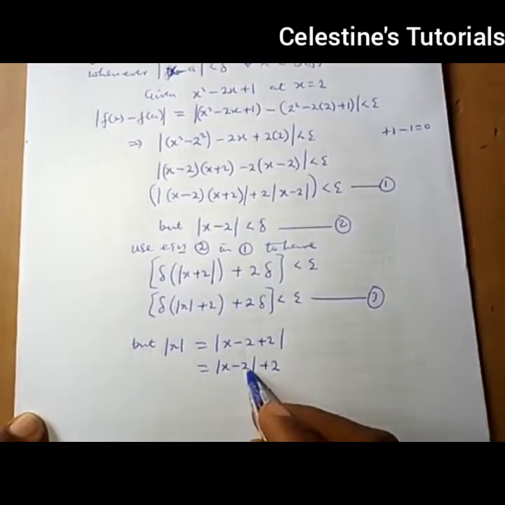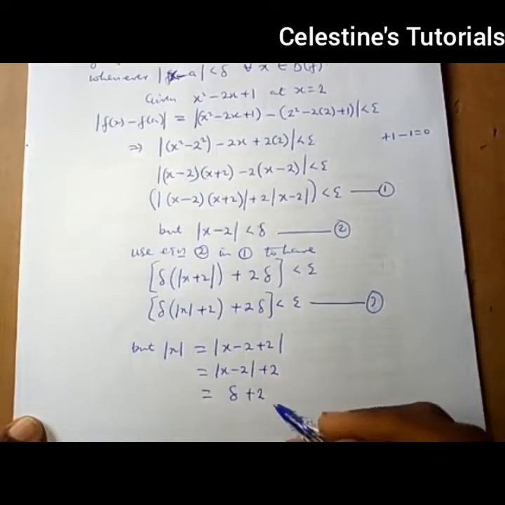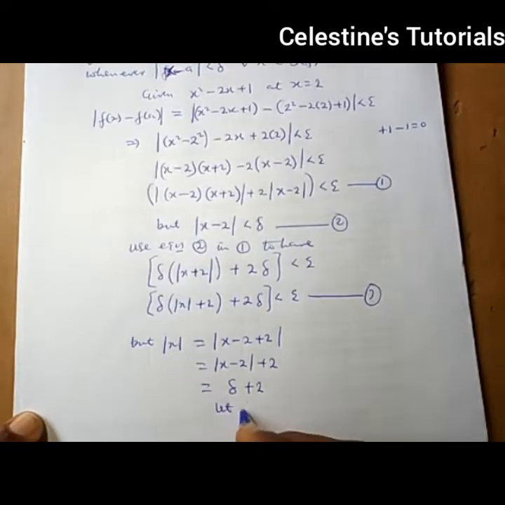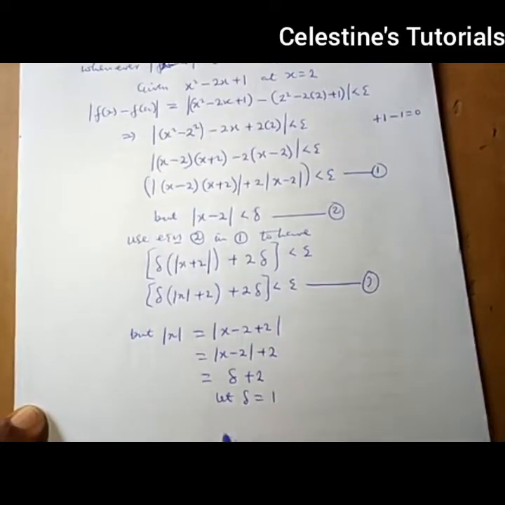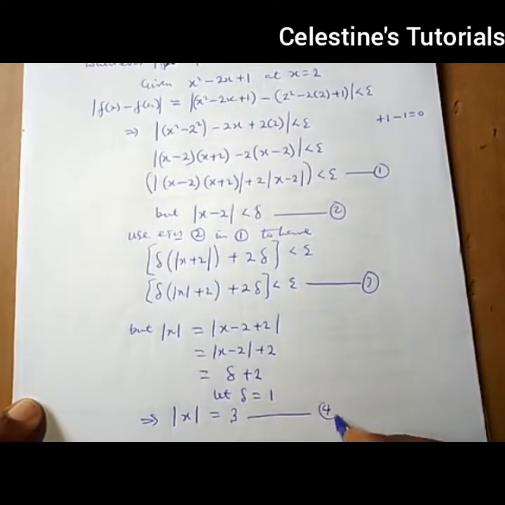Now x minus 2 is delta, so it is equal to delta plus 2. Now since we have this not a fraction, you now say let delta equal to 1. So this implies, as well, x to be, if 1 goes here, you have 3. So you now call this one equation 4.